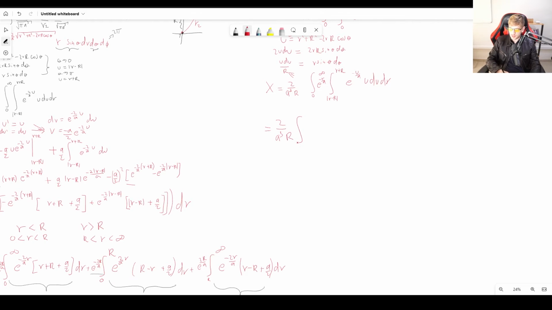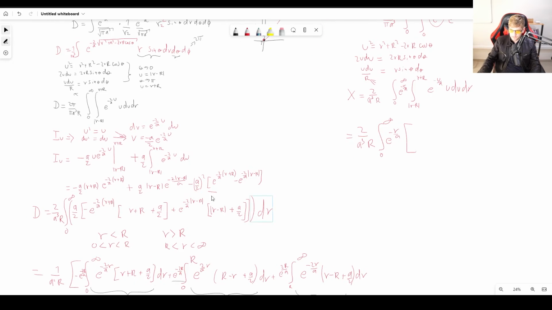And again, we have done this once during normalization and once during the d integral. So this integral is all of this, which I factor out here. So that will be a factor of minus e to the minus r plus r over a factor of r plus a.